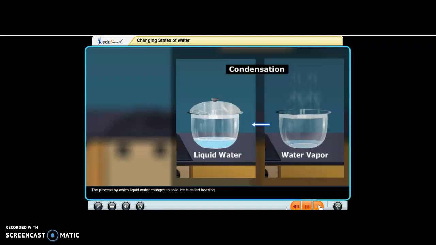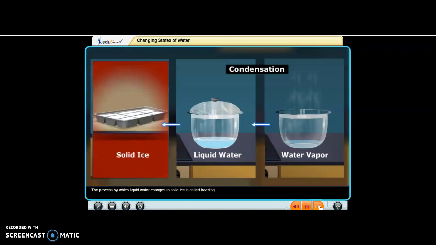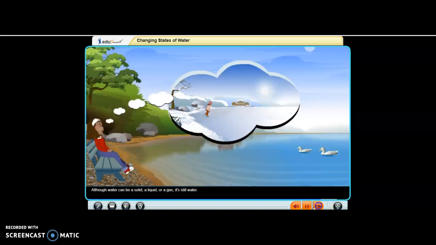The process by which liquid water changes to solid ice is called freezing. Although water can be a solid, a liquid, or a gas, it's still water.